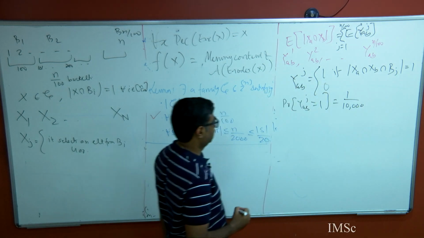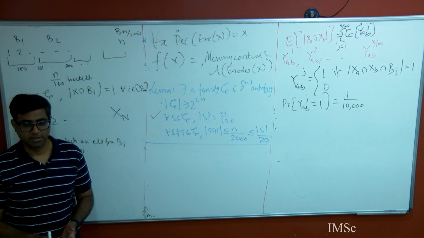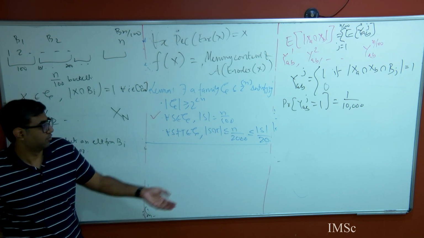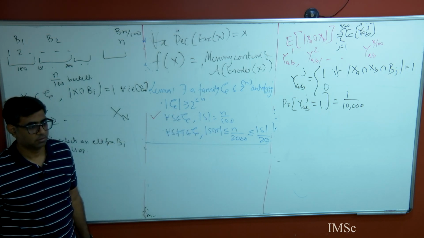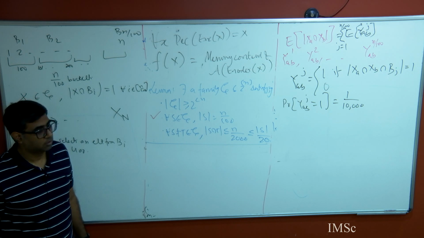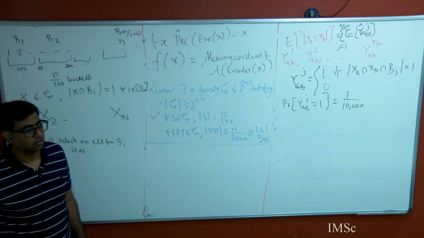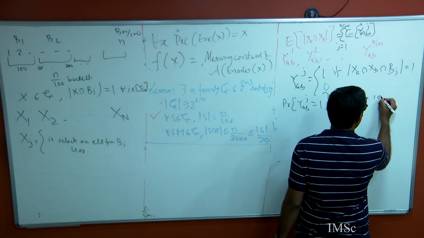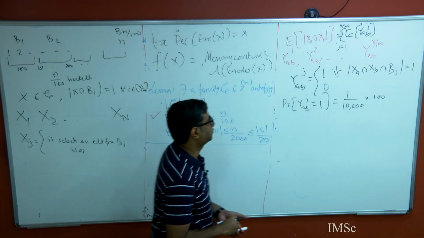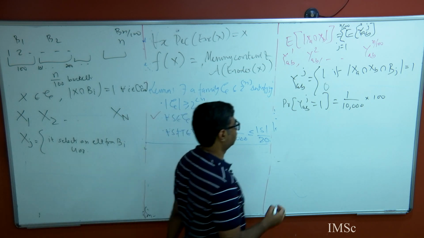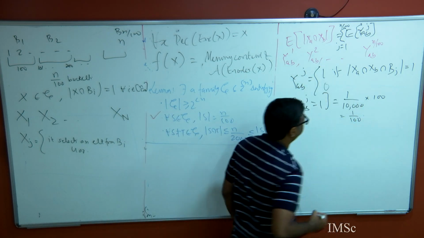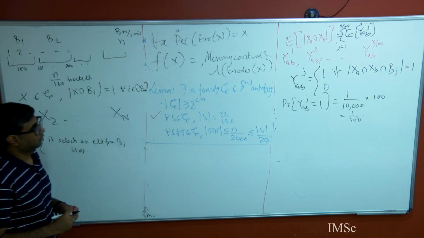It is 1 if this also is the same element, and they are independent. So this is 1 over 10,000. There are 100 elements, into 100. So what will we get? 1 over 100. Fine.